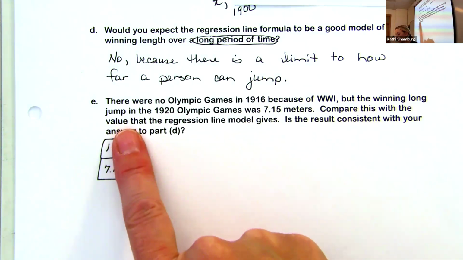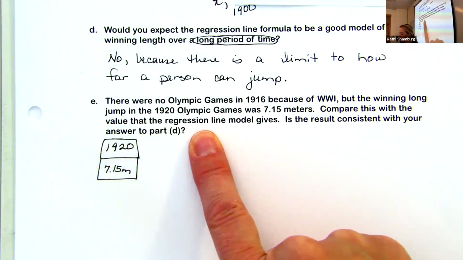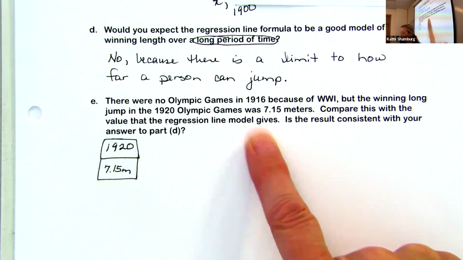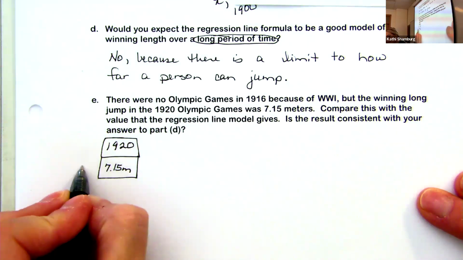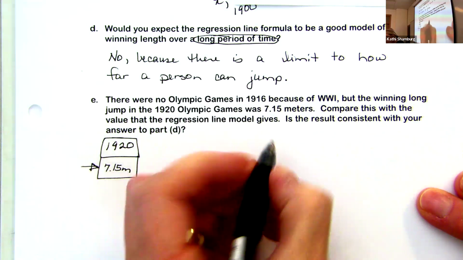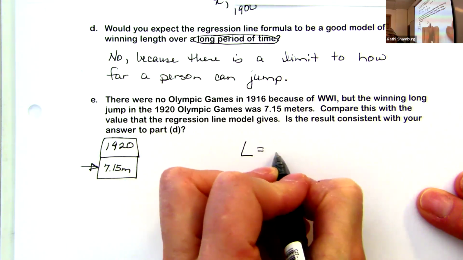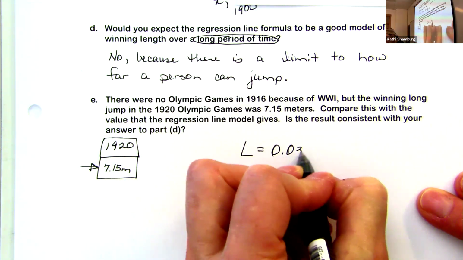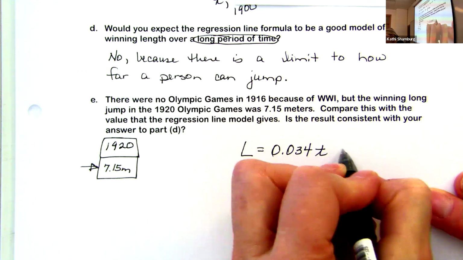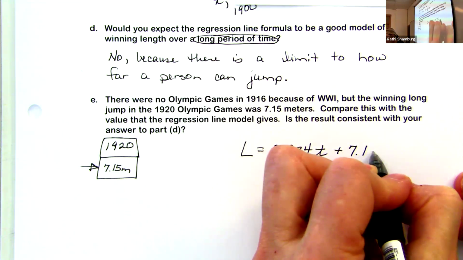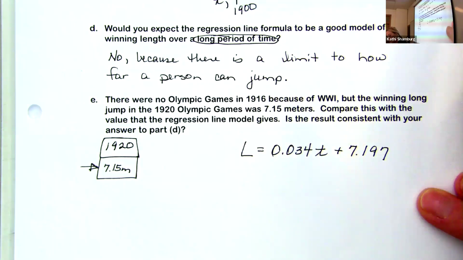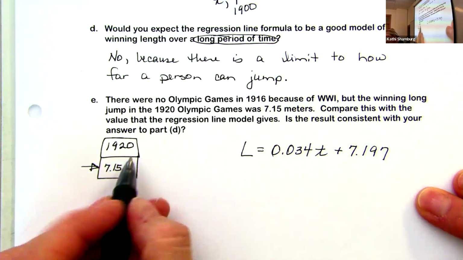Compare this with the value that the regression line model gives. So what it's saying is compare the actual jump to what you get if you were to put it into our regression line model. Was it 1920? Yes. So how would I write that in functional notation? L at 20, right? Not 1920.